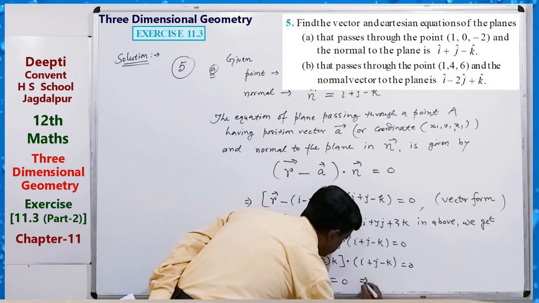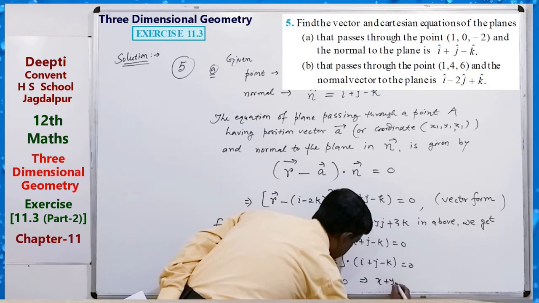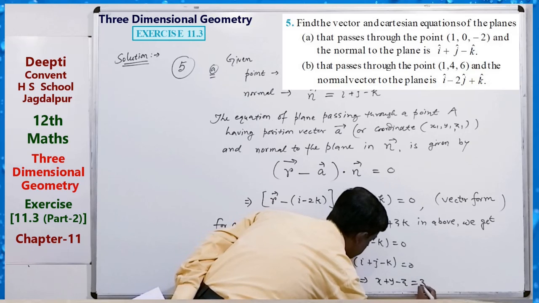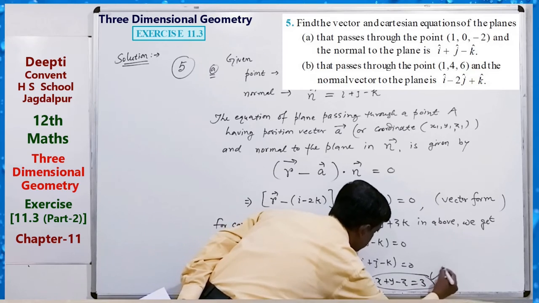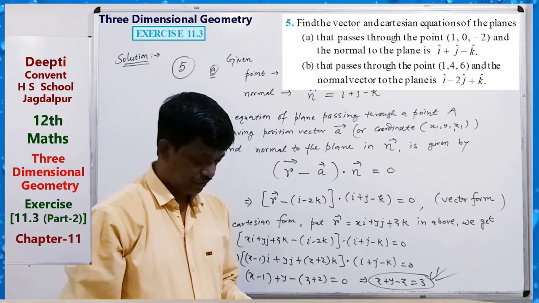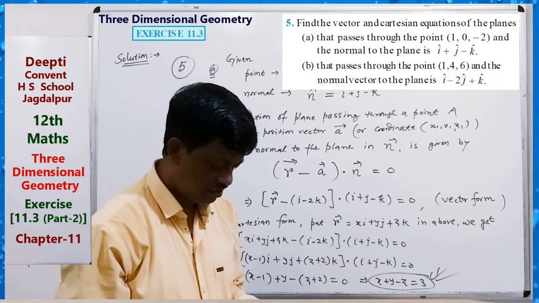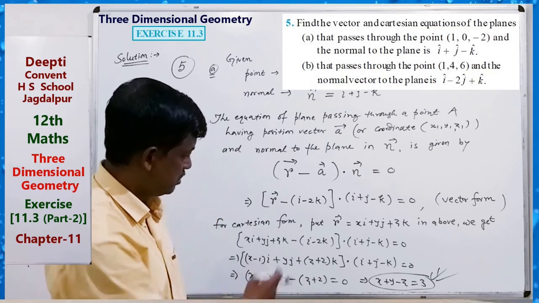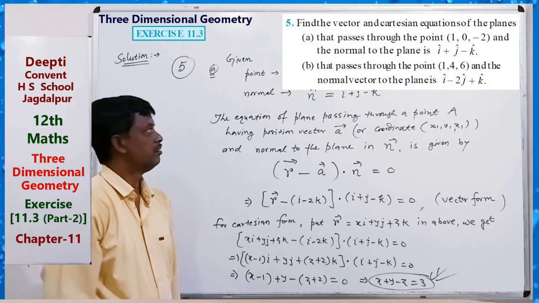So we can write x plus y minus z equals 3. So this is our solution. x plus y minus z equals 3. This is the first question.